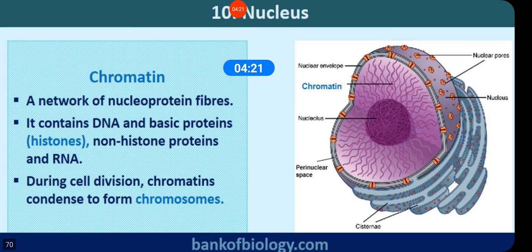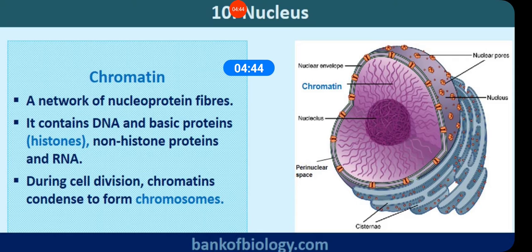Now coming to chromatin, a network of nucleoprotein fibers. What is it called? Nucleoprotein. See, it is the combination of nucleic acid and protein. Fine. And you know the nucleic acid in it is DNA, deoxyribonucleic acid, and basic proteins called histones.